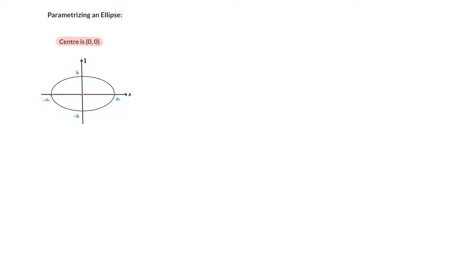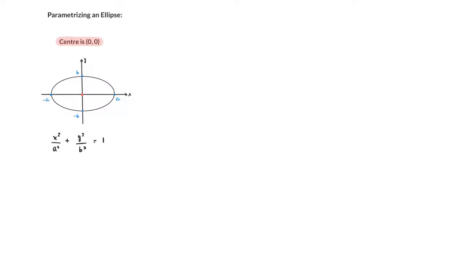So we have this ellipse. I know that the general form of the equation of this ellipse will be x squared over a squared plus y squared over b squared equals 1. This is the general form of an ellipse whose center is the origin.